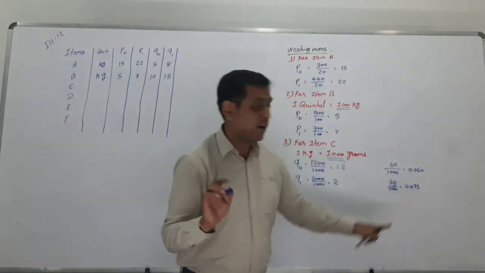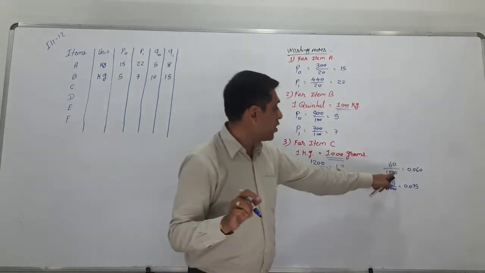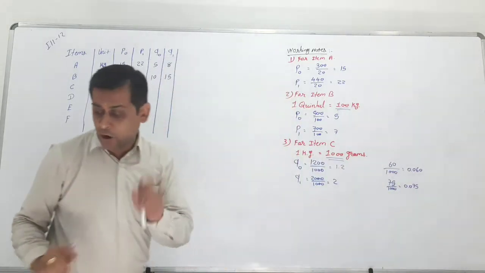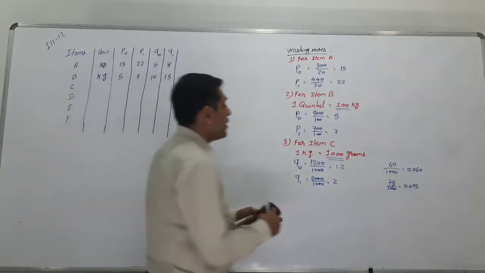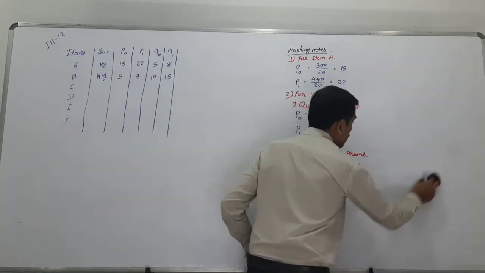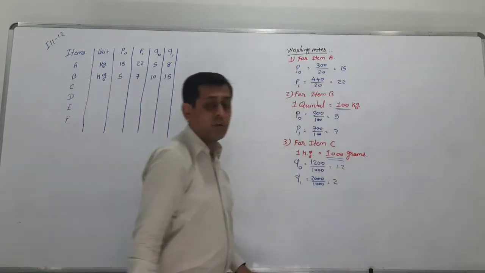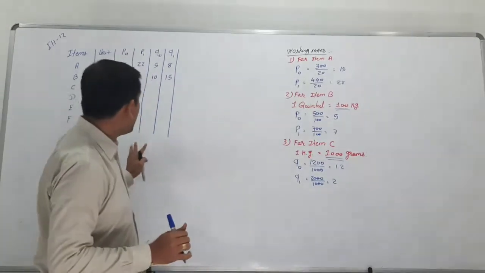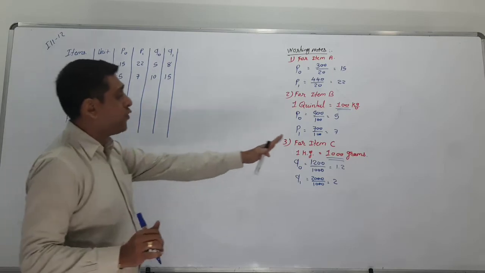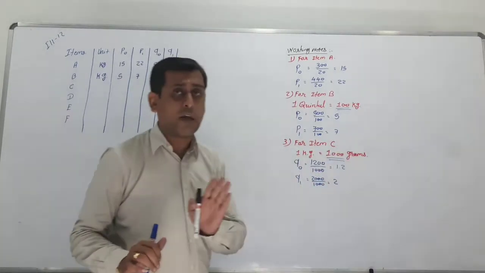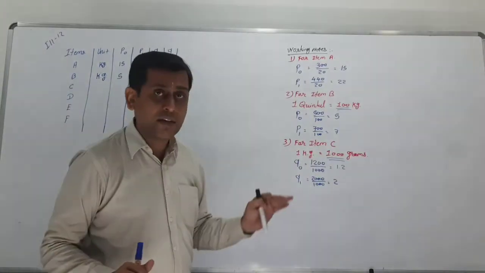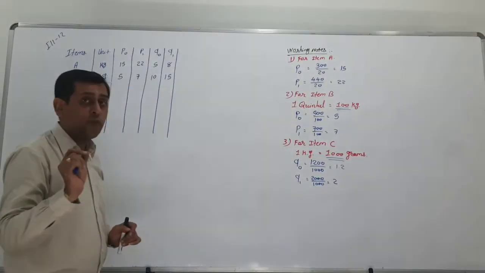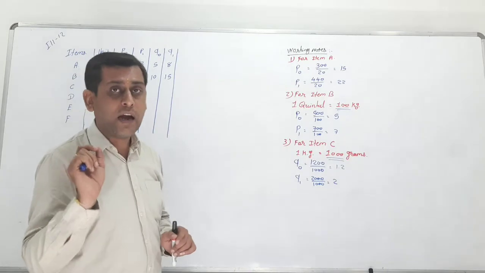But if we convert the price, then the value has 3 digits after the point. So I am not converting the price, but the quantity. Whatever is easy, you have to do that, because it is very easy to calculate. Otherwise we can still get the answer, but the calculation is very hard and the chances of mistakes are very high.